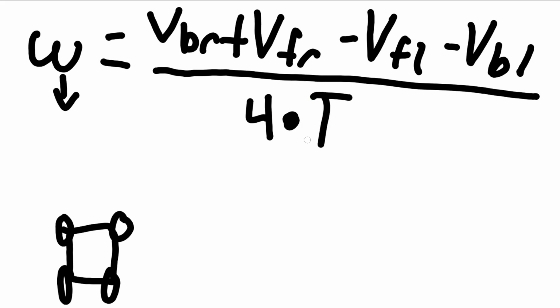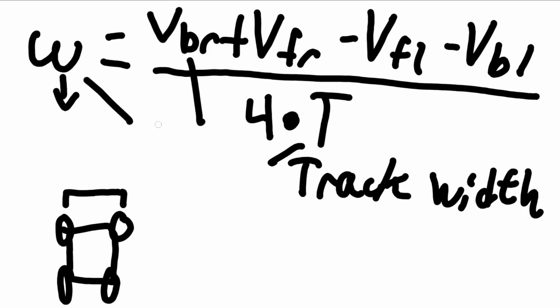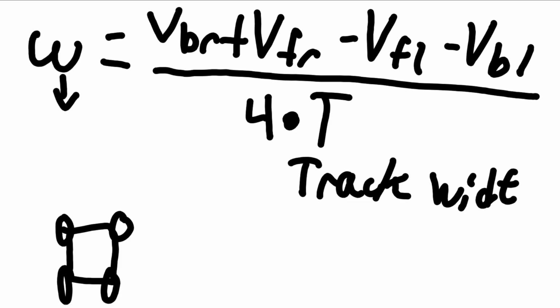So t right here is going to represent the track width. So this track width is the distance from here to here, or you could say it's the distance from here to here since we're using a square drivetrain. So that is our t, this distance right here, and it's going to be measured in inches. So t is in inches, inches per second, radians per second. And this right here is also t as well. They're both the same distance, of course.